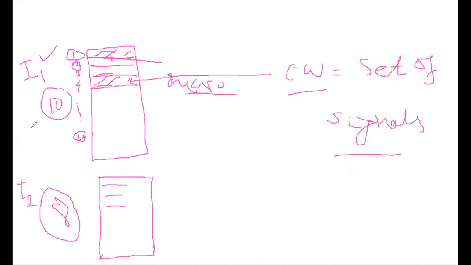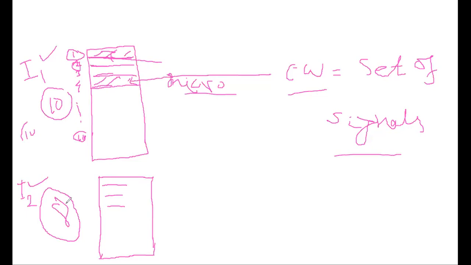So for this you need 10 signals, T1, T2, T3, T4, T5, T6, and in that way up to T10. After that it will reset, meaning it will again start with T1. Similarly, in instruction number 2, how many micro instructions do we have? 8 micro instructions are there.